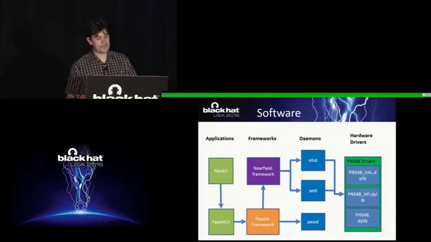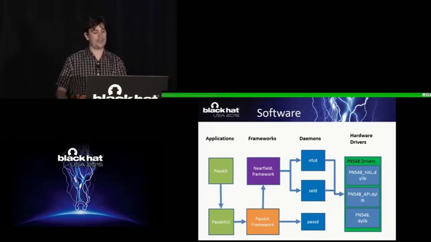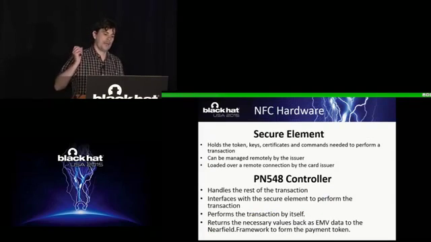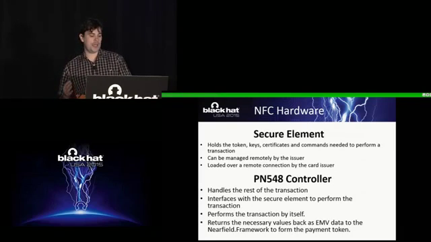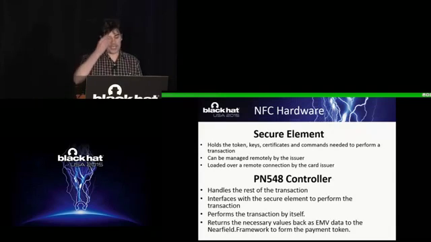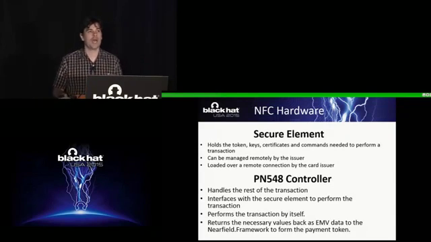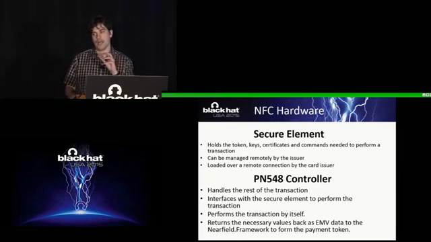So in the case of Apple Pay, you're going through PassKit to the frameworks, to the daemons, to the hardware drivers, which interact over, I think it's an I2C bus, to the chip on the device. Key thing is really that the device here is separate in terms of how it does a transaction. It operates on its own, as in the transaction all occurs in the chip once iOS tells it to do a transaction, it'll do it by itself and send back the results.